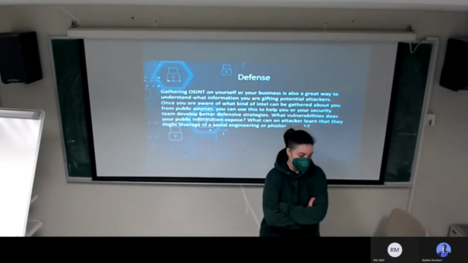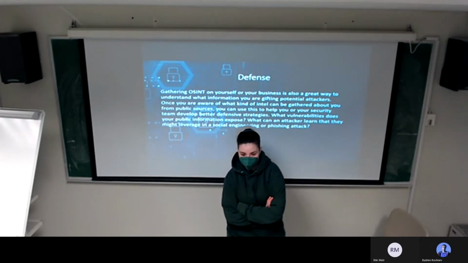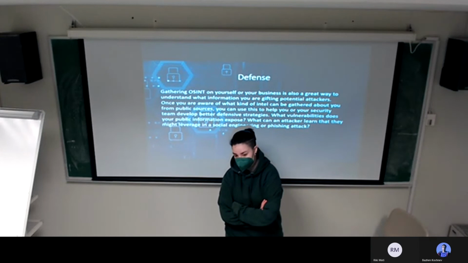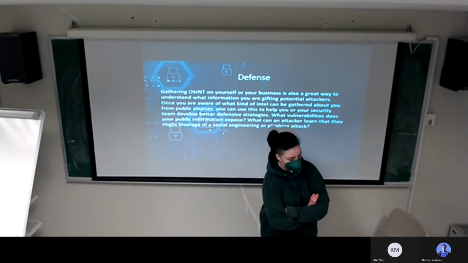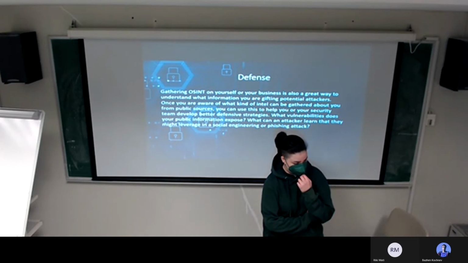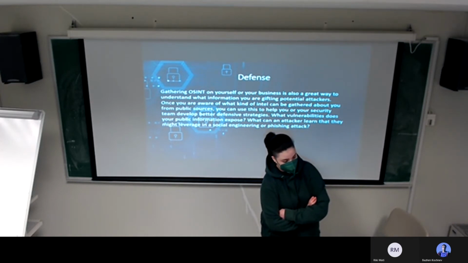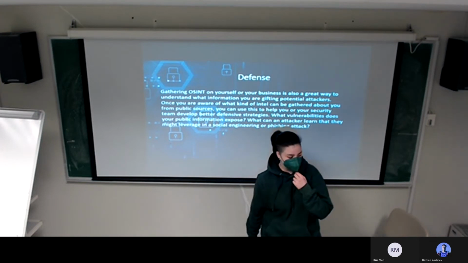OSINT is used to find information about businesses, organizations, dangerous individuals, missing people, pretty much everything. And I will be talking about this furthermore. There are different organizations that put out capture the flag events on missing people.